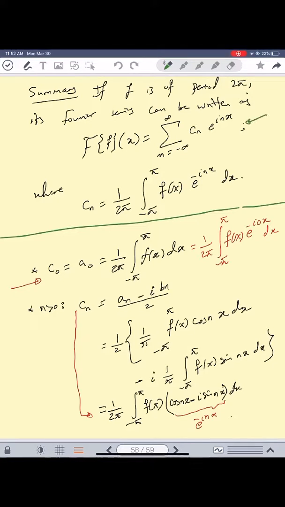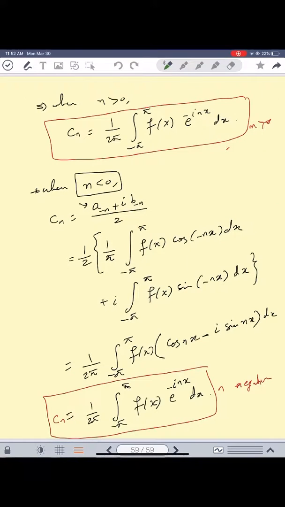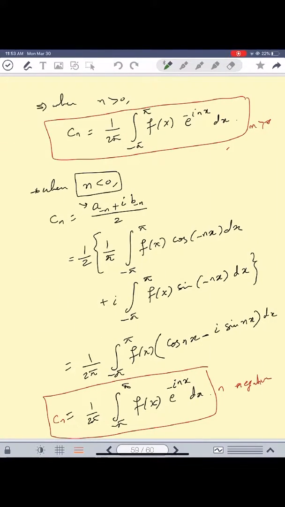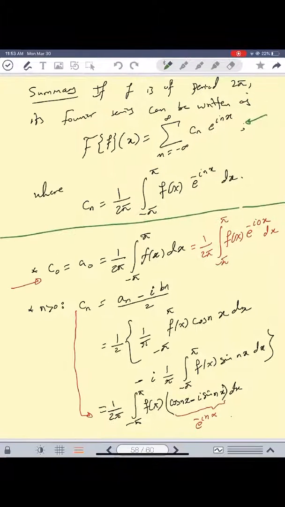Even the Fourier series in the complex case is much shorter when you write it than the real Fourier series. This is why we're going to use the complex Fourier series, and we will see its connection later with the Fourier transform. So this is the new form, the complex series, and these computations justify how we got to this form.